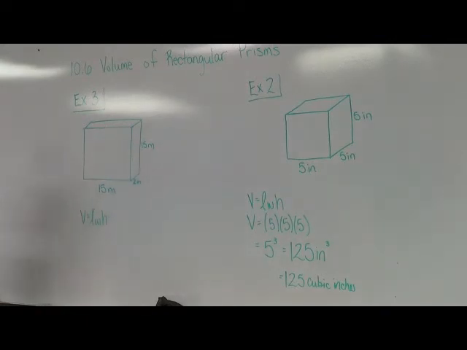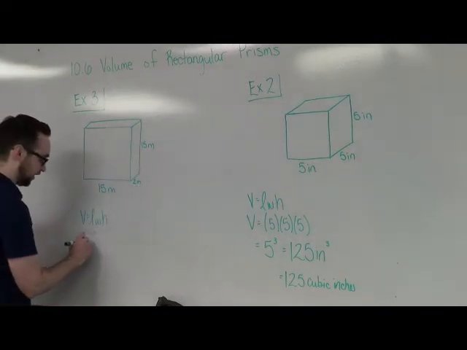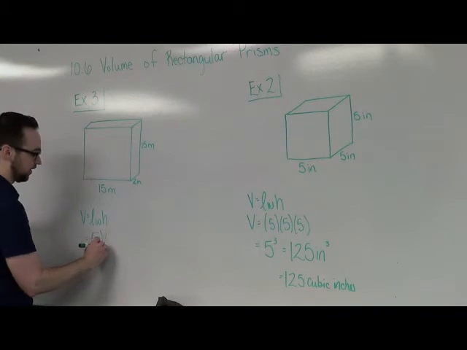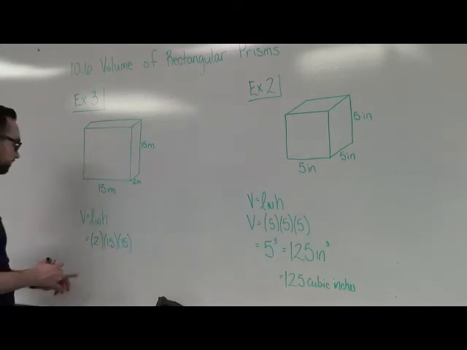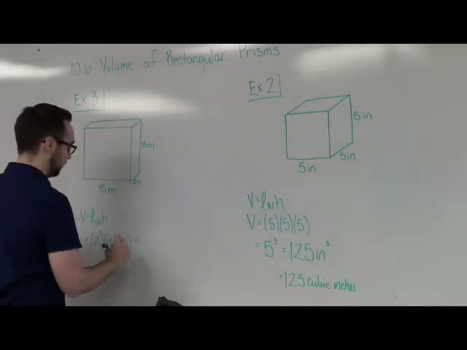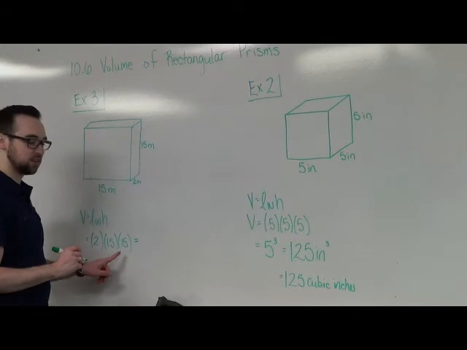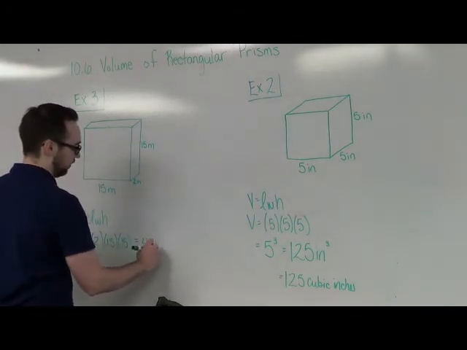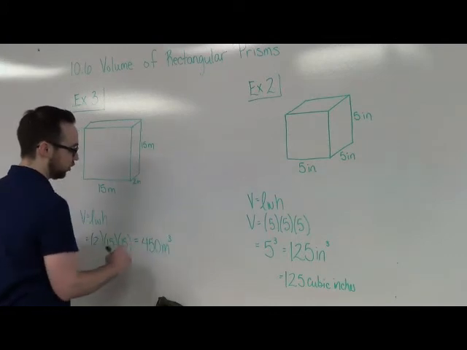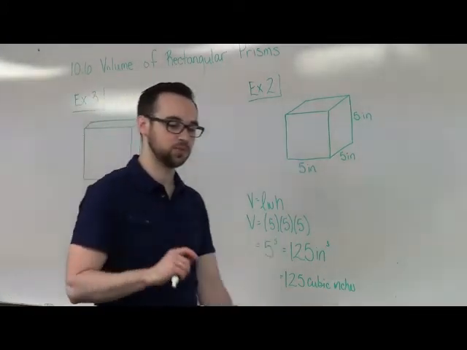It doesn't matter if you want to put this as your length. So let's say you want to put 2 meters as your length, 15 is your width, and then 15 is your height. That's okay. It doesn't matter which one's which. So again, we do 2 times 15 times 15. 15 squared is 225 times 2 is going to give us 450 cubic meters, or meters cubed.